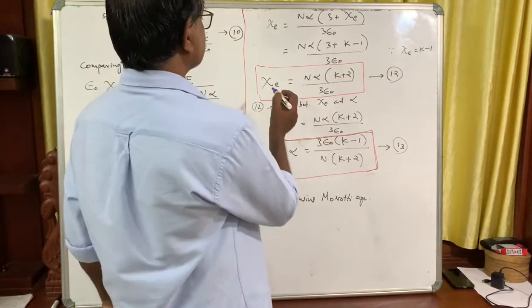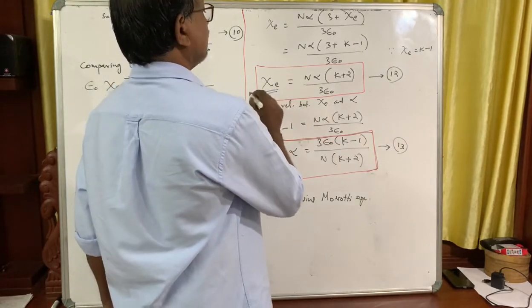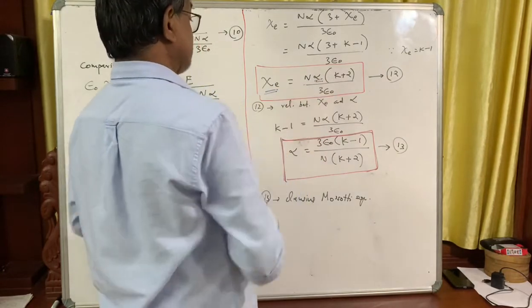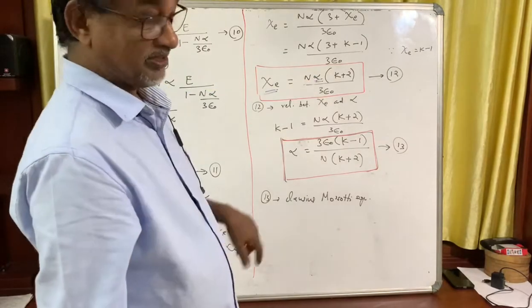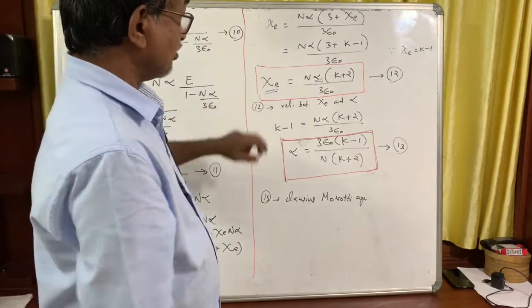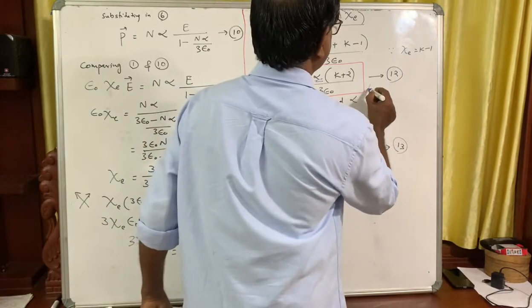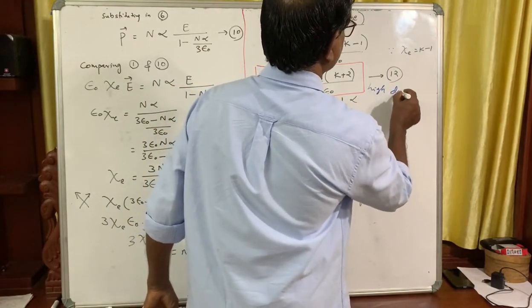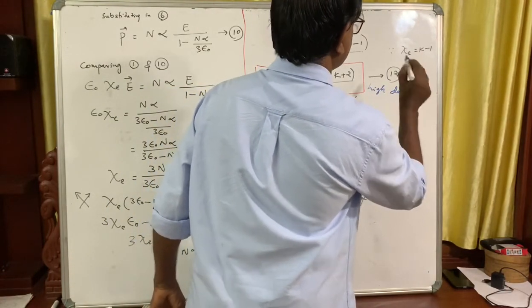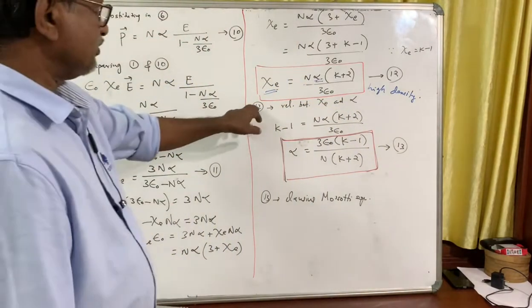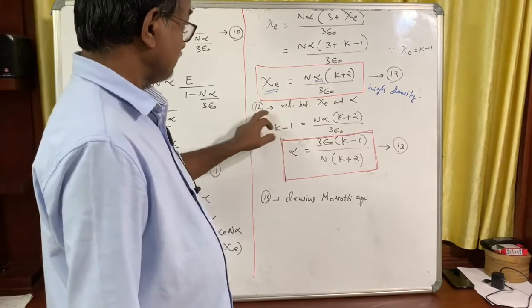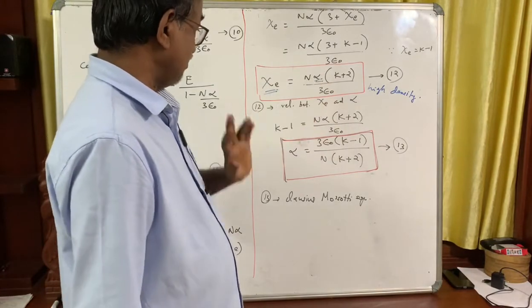So this is the relation between chi E and alpha, that is, the susceptibility and polarizability. This relation holds good for very high density molecules. And this equation 12 is the relation between chi E and alpha.